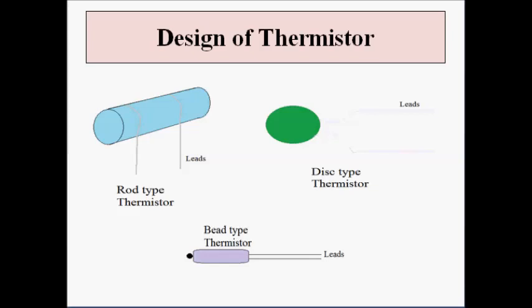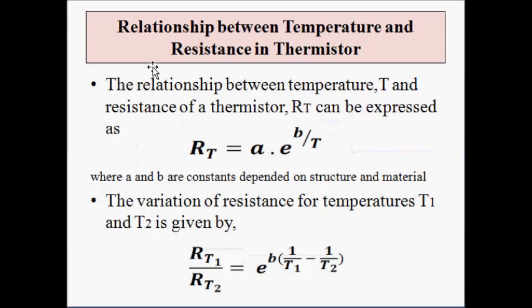Now, there is a relationship which governs the temperature of the thermistor and the surrounding temperature of the object or the entity whose temperature is to be measured. The resistance of the thermistor R subscript T at a particular temperature T is given by R_T = A e^(B/T).